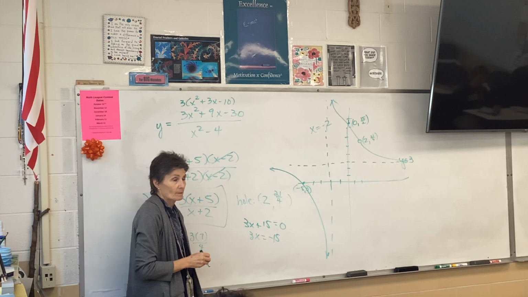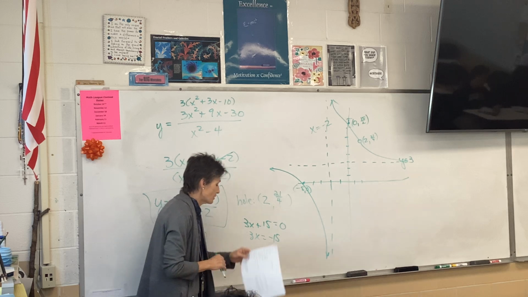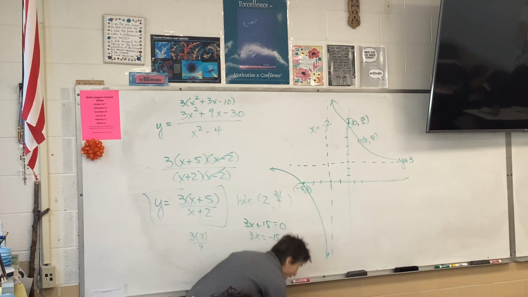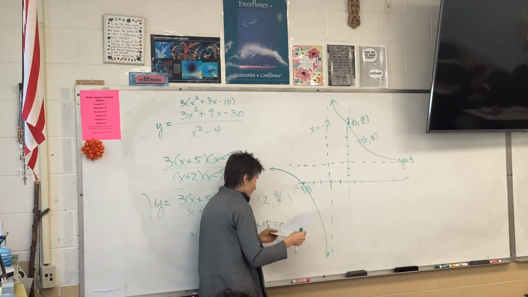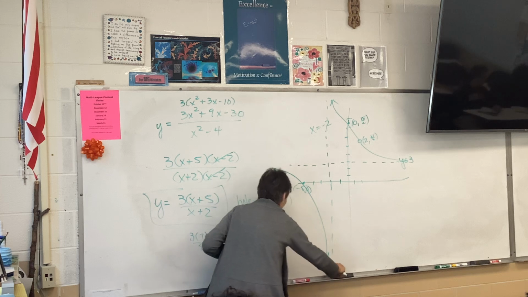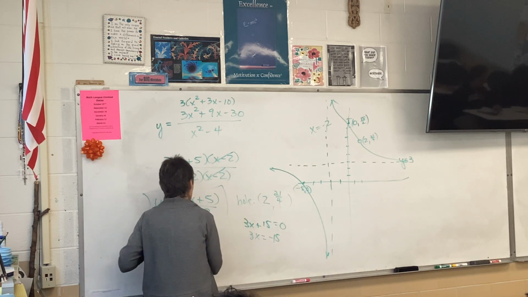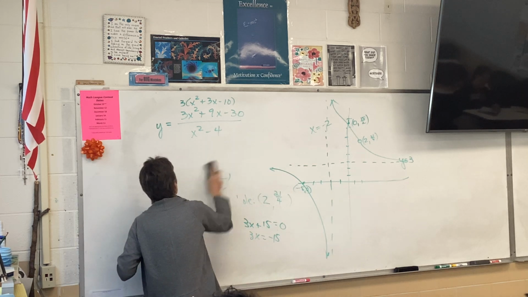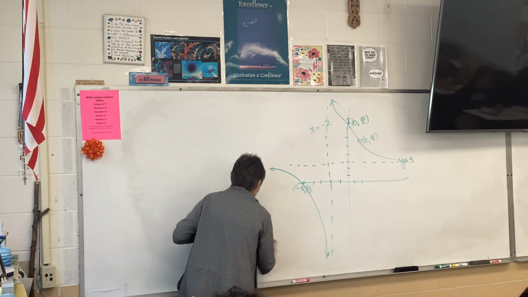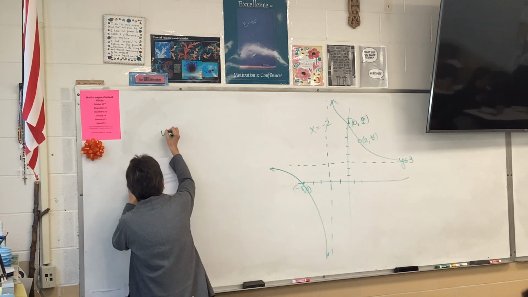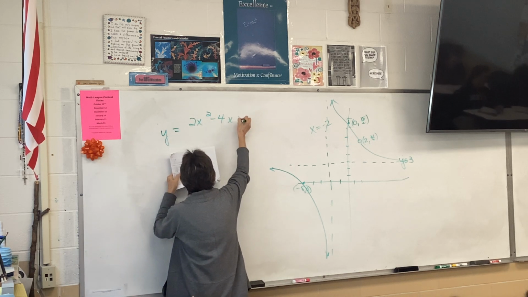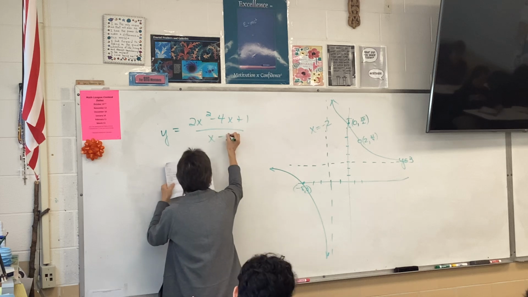Okay? And then the last thing you're gonna have to do today is find the end behavior asymptote. So it's going to say, find the end behavior asymptote.